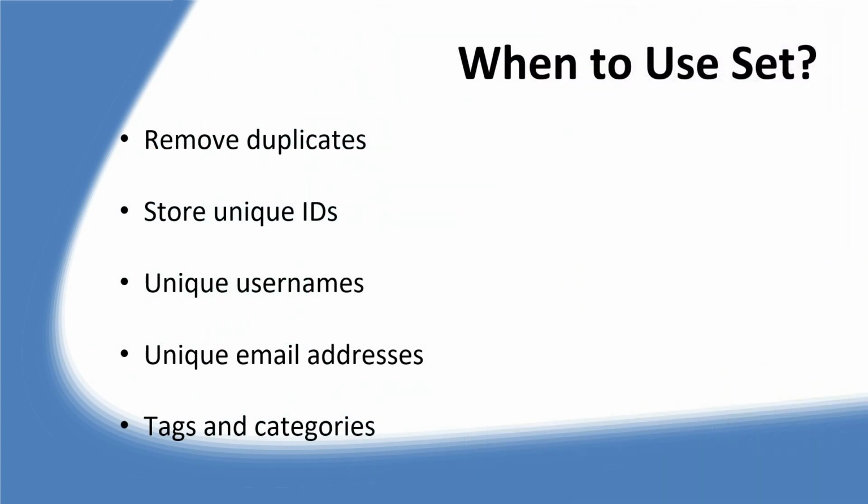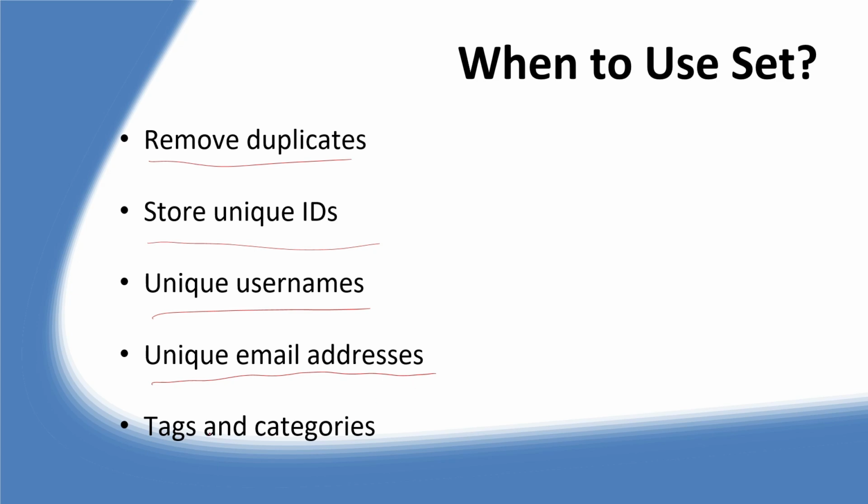So when to use set? Use a set whenever uniqueness is important. Uniqueness means you don't want to keep duplicates. If you want to store unique IDs, unique values, unique usernames, unique email addresses, then in these cases you should go for set.